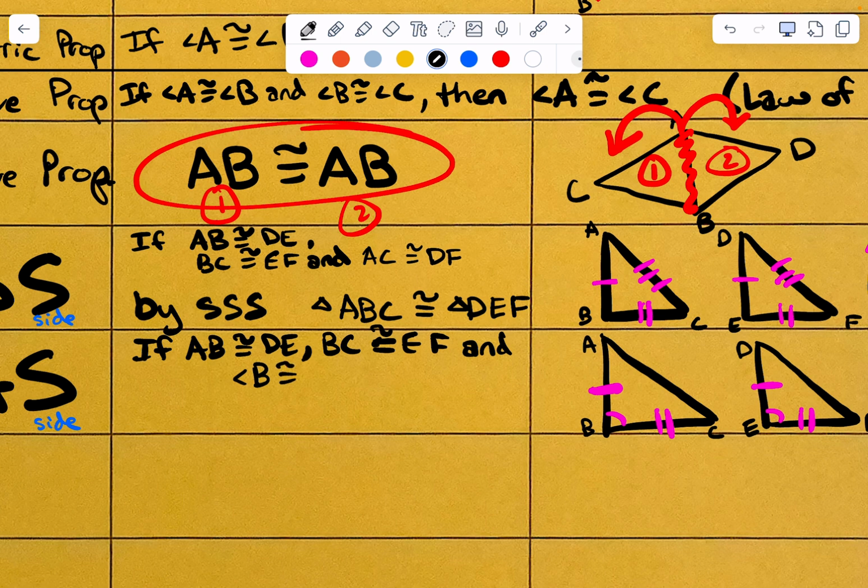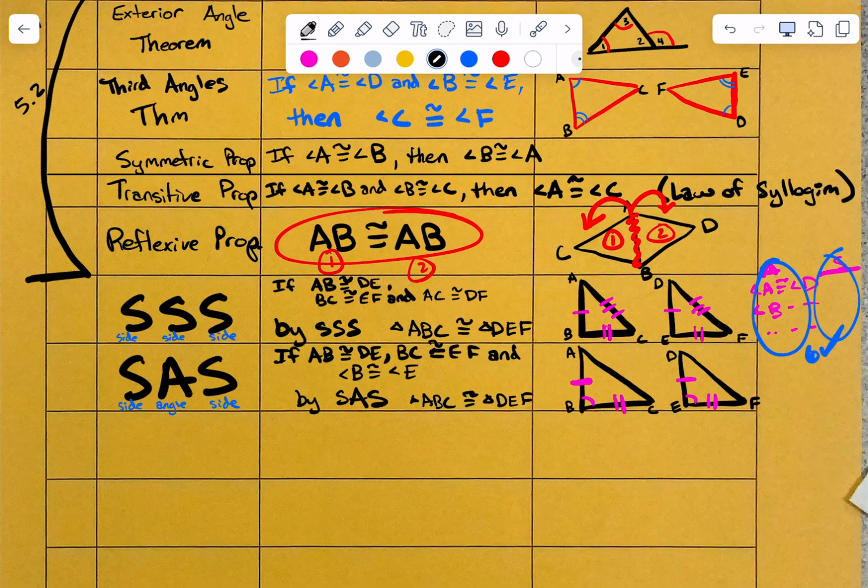Angle B is congruent to angle E. By side angle side, triangle ABC is congruent to triangle DEF. Okay, I only have to check those 3 boxes instead of all 6 boxes. Got it? That is how that works. Side, side, side, side angle side. Okay? Good?